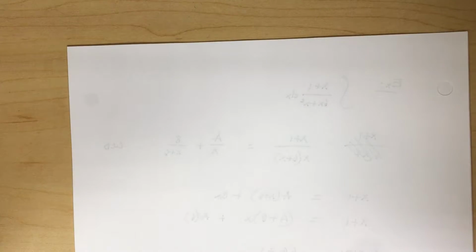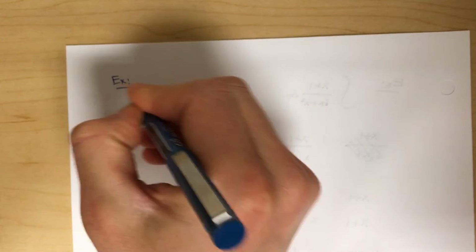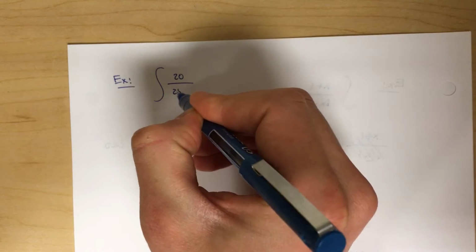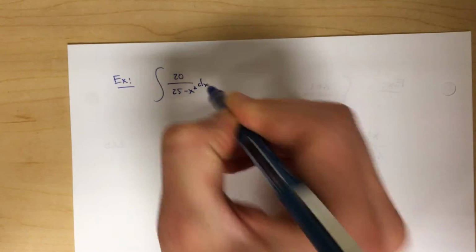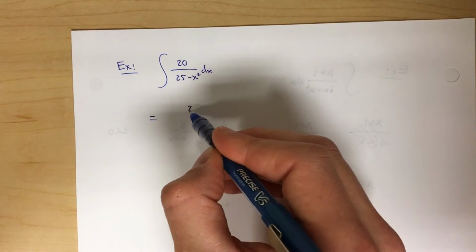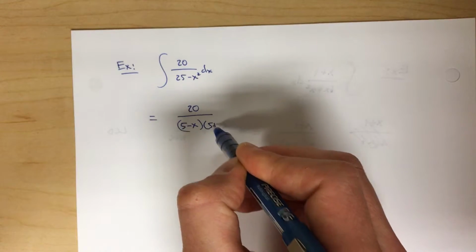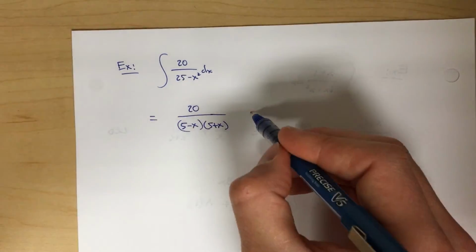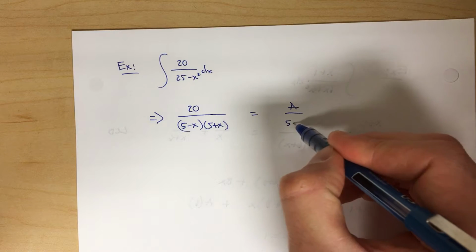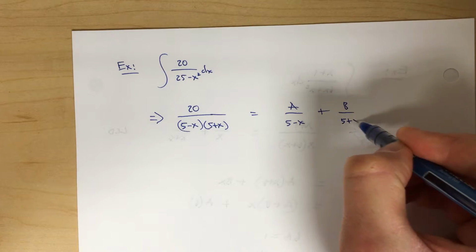Again, try this example: pause the video, try the example, and then come back and see if you got it right. So the integral of 20 over (25 minus x squared) dx. First, I'm going to write this in factored form as 20 over (5 minus x) times (5 plus x). And that I want to be equal to a over 5 minus x plus b over 5 plus x.